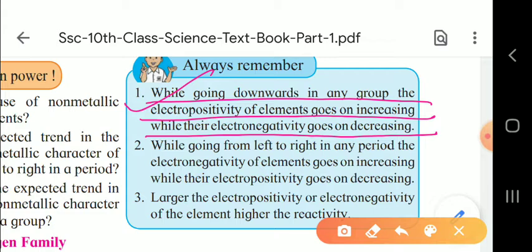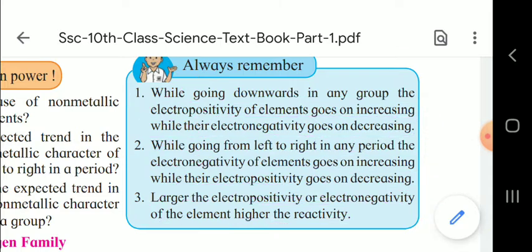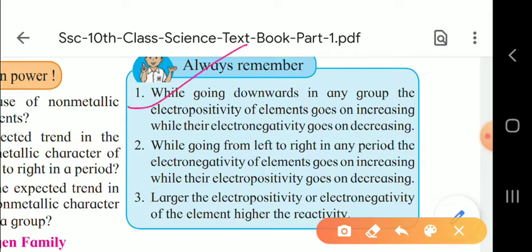This is the first point. Second point: while going from left to right in any period, the electronegativity of the element goes on increasing while their electropositivity goes on decreasing. What is the third point? The larger the electropositivity or electronegativity of the element, the higher the reactivity. So these three points you have to learn. These are important points.